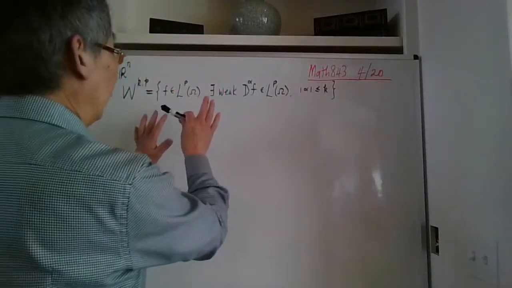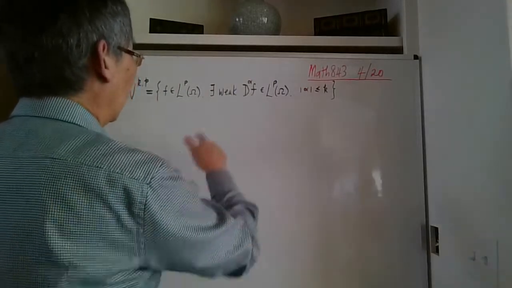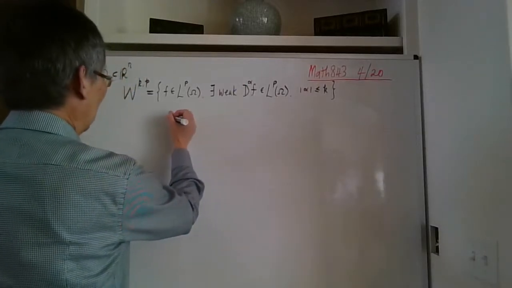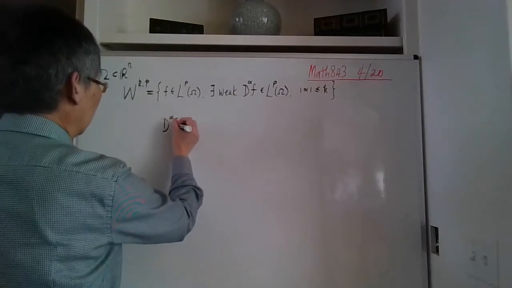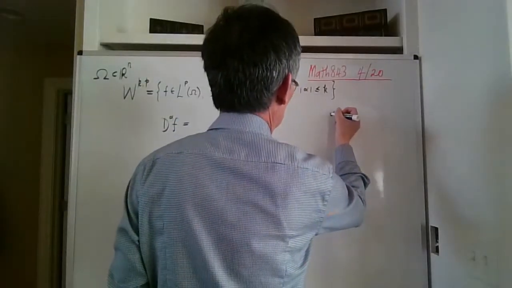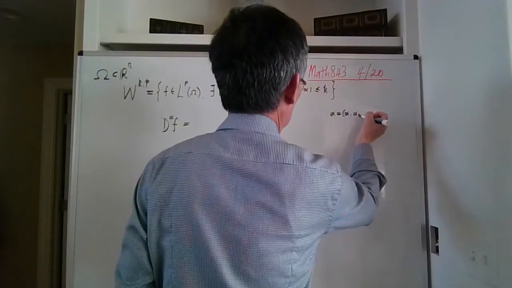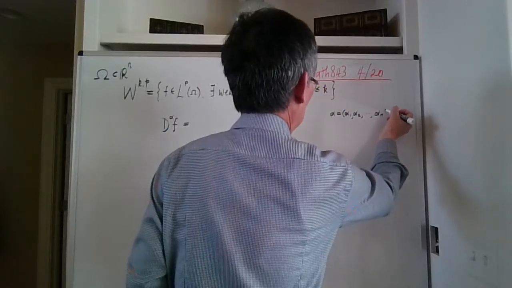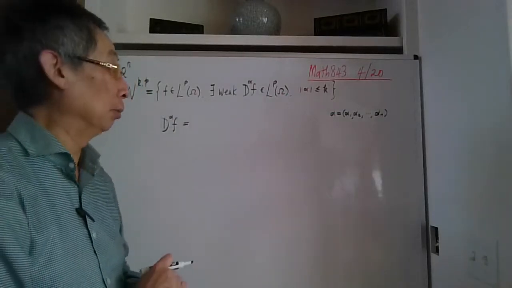This is a very simple definition. Maybe a little more about alpha. What is D^alpha? D^alpha is basically the partial derivative. Let's say alpha equals (alpha_1, alpha_2, up to alpha_n). Since this is n-dimensional space, the multi-index must contain n components.